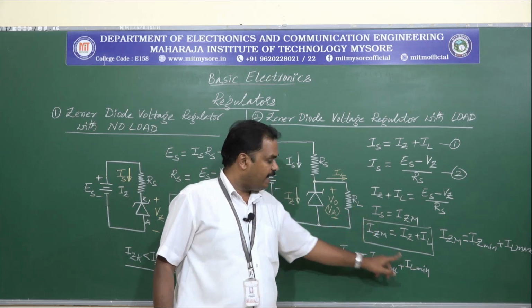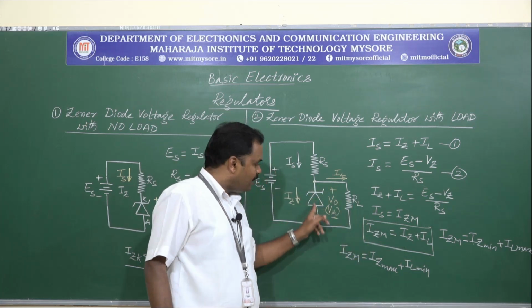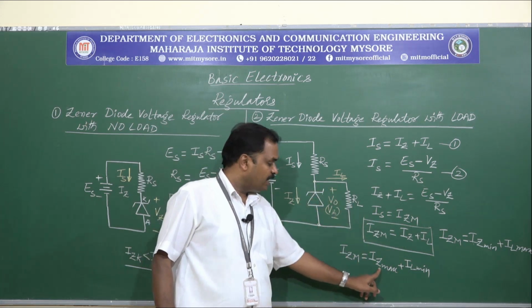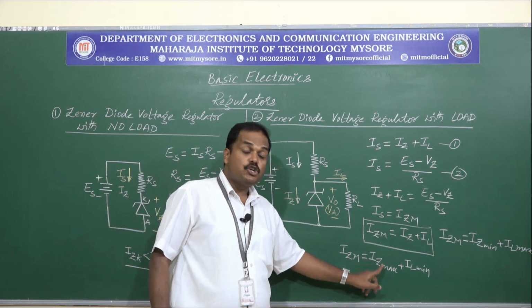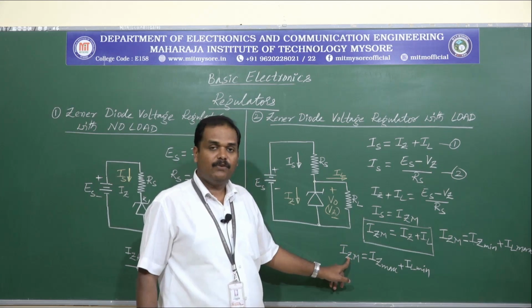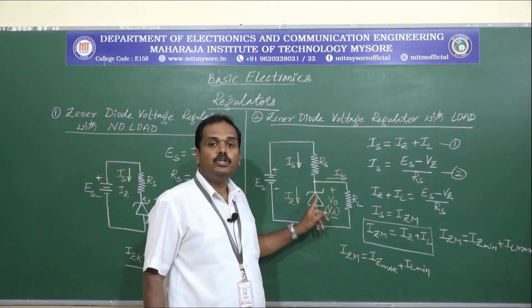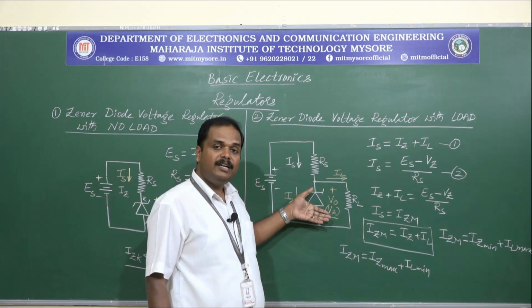If it is too high, then IL min is going to be 0, then all the current will be flowing through Zener, that is IZ max, and this IZ max should not be more than IZM. If not, the diode is going to be blown off. So this is the design constraint we have.